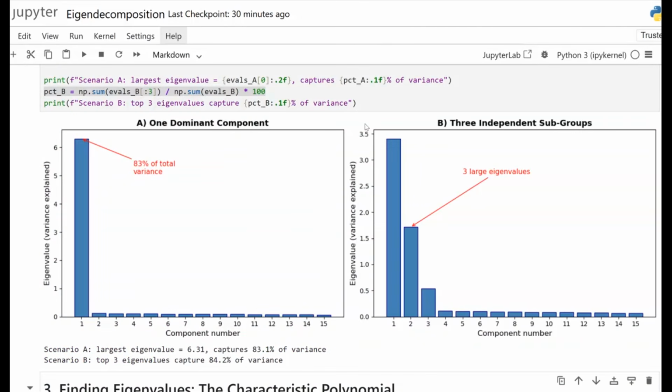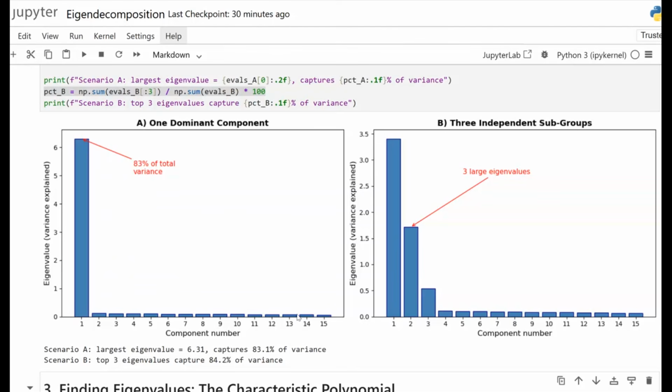On viewing these plots, kindly observe, dear friends, scenario A simulates a dataset where all 15 variables are driven by a single common factor plus small noise. The scree plot shows one dominant eigenvalue towering over the rest. This tells us the data is essentially one-dimensional and all variables move together.